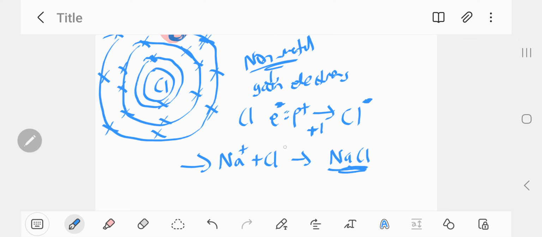The plus and the minus cancel to give you a neutral compound. What's important to note is that compounds are neutral, whether ionic or covalent. If you touch table salt, you don't get electrocuted, because it's neutral, unless you do something to it, like zap it with electricity.